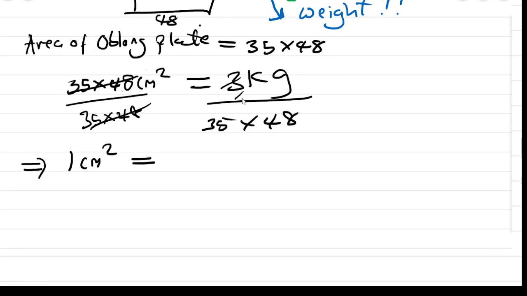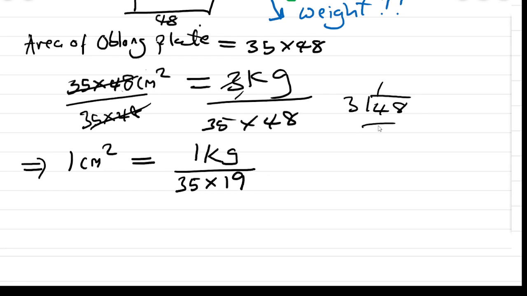Here we can see that 3 into 48 is 16. 6 times 8 is 48, so that is 16. So here we are getting 1 kilogram over 35 times 16.